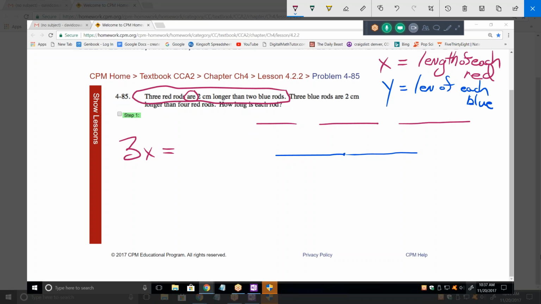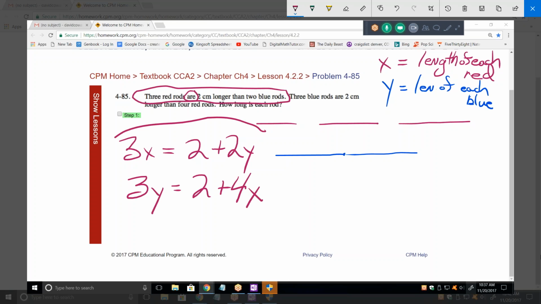Whenever you see "are" or "is", that usually means an equal sign. 2 plus 2y? Perfect. Now give me an equation for the second sentence. So 3y equals 2 plus 4x.